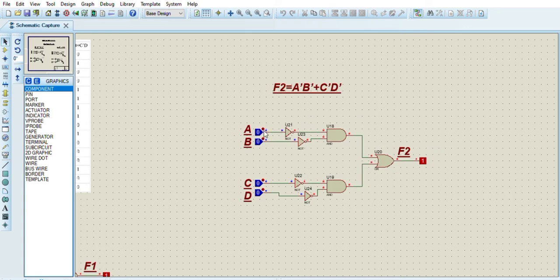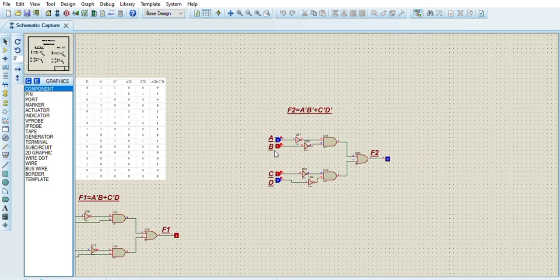The second, if I apply 0 1 1 1, so you can see that there is 1 and there is 0, here is 1 and here is 0. So its complement will be 0 1 and 0 1. So you can see that 1 will be multiplied by the 0 and here will be multiplied by the 0. So 0 plus 0 is equal to 0. So the 0 output logic state is appearing here.